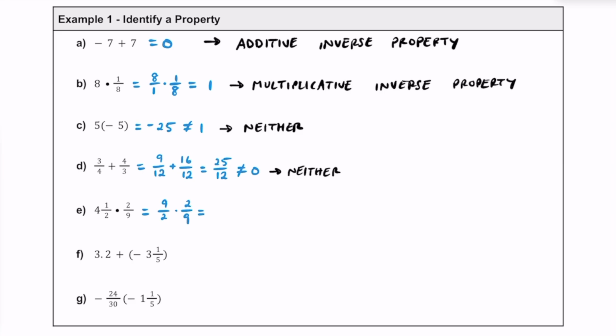These look like reciprocals, right? You could cross cancel the 2's and the 9's to get 1's everywhere, and then you get 1/1, or you can get 18/18, which is also 1. So since 1 does happen to be the product here, these are multiplicative inverses of each other. So we can go ahead and write that this does represent the multiplicative inverse property.